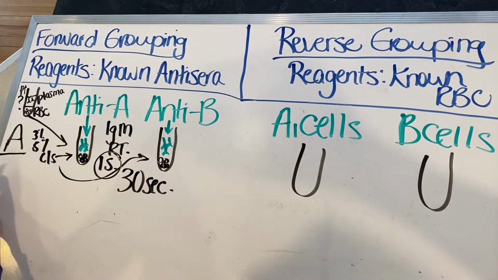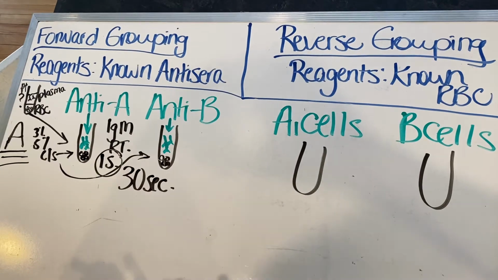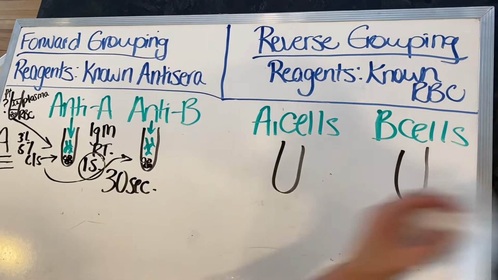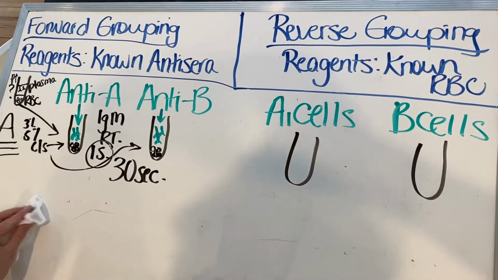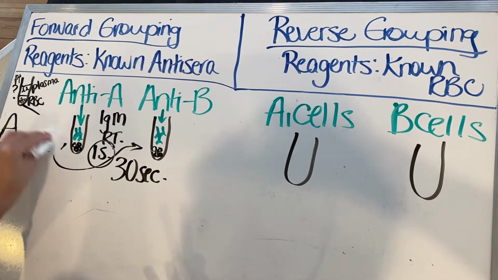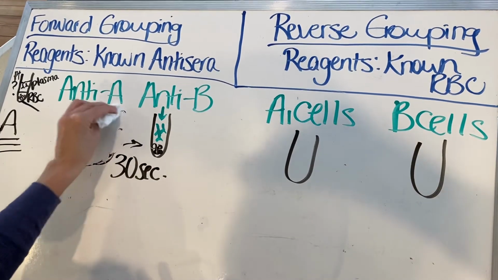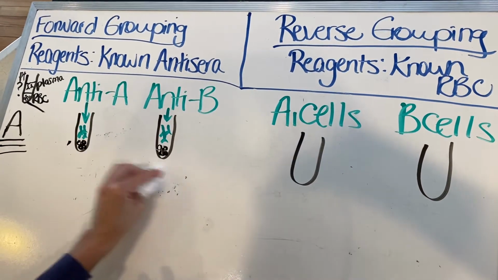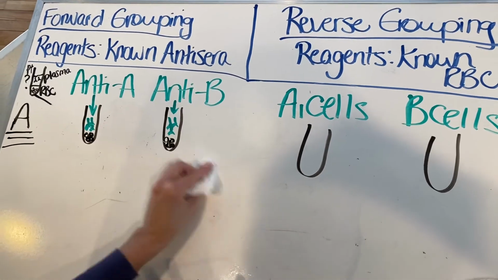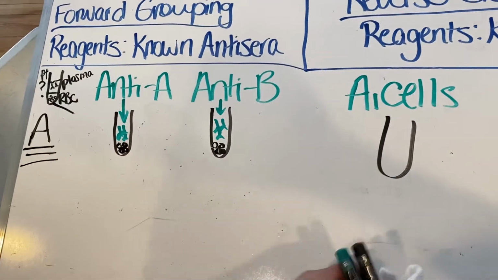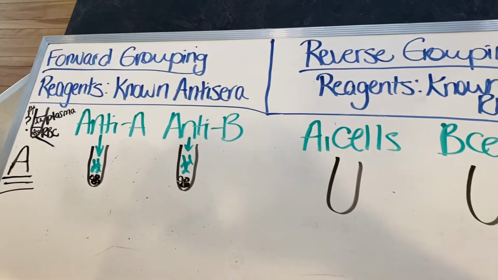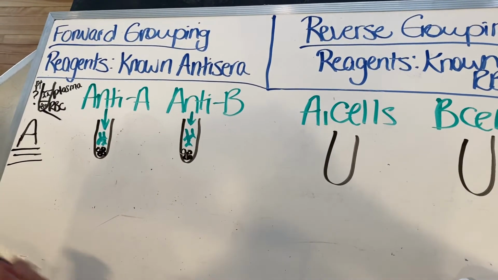So with a group A person, I'm going to erase this other stuff here. If they're group A, we're going based on what's on their red cell surface.